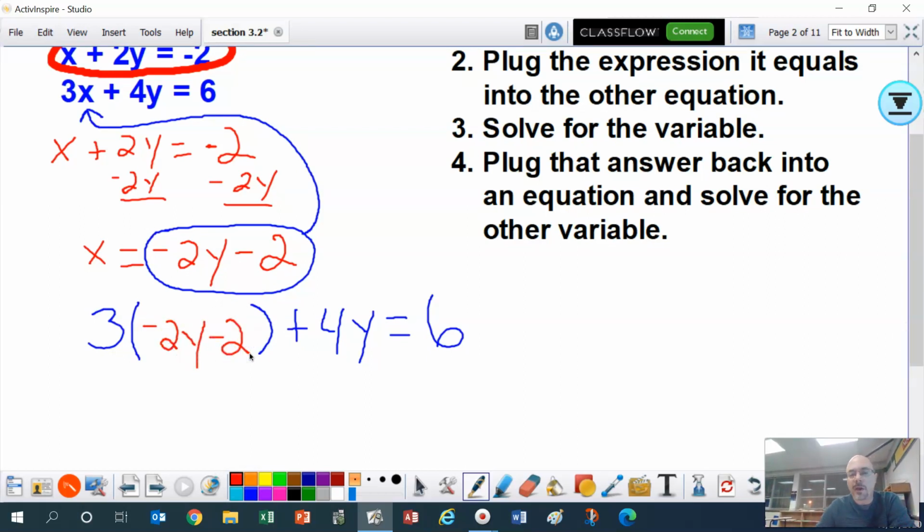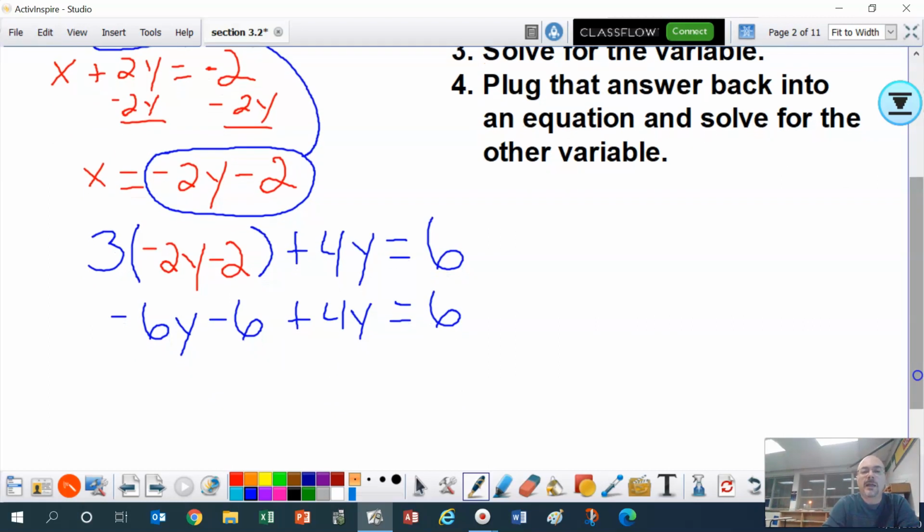Now remember, you have the power of rewind if you need to, or pause if I go too quick. All right, so I plugged it in. And now step 3, I have to solve for the variable y, because that's what's left in that problem. So I have to distribute. Now I have to combine like terms.